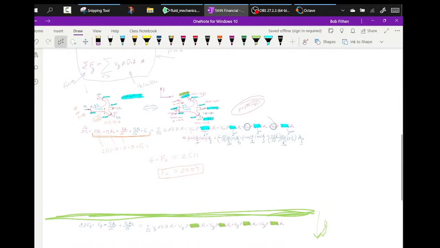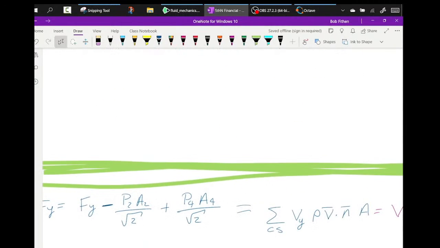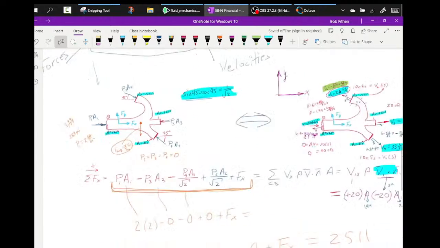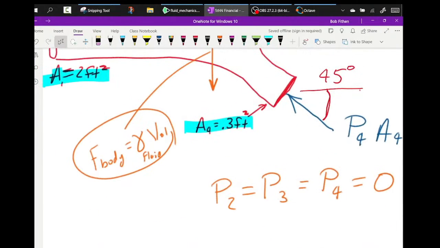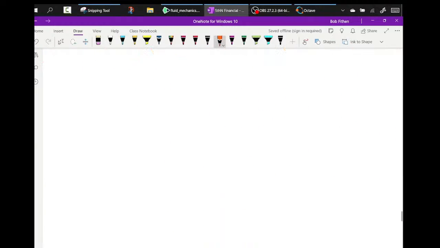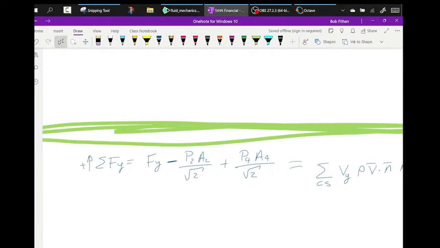Let's do the y component. Now, before I didn't have this. Now I added a particular volume. So now I have a body force that comes into the y equation. I did not include it before, so I need to include it now.